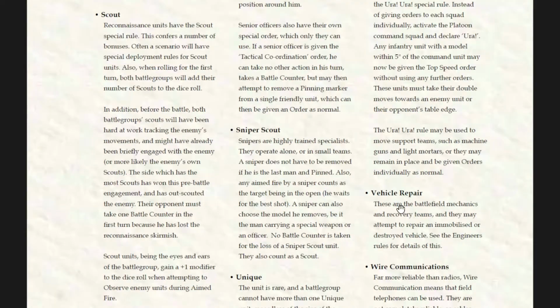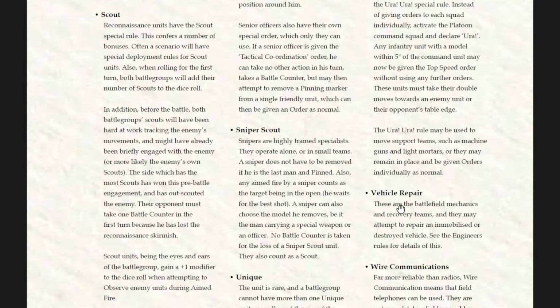Scout. Reconnaissance units have the Scout special rule. This confers a number of bonuses. Often a scenario will have special deployment rules for Scout units. Also, when rolling for the first turn, both battle groups will add their number of Scouts to the die roll.